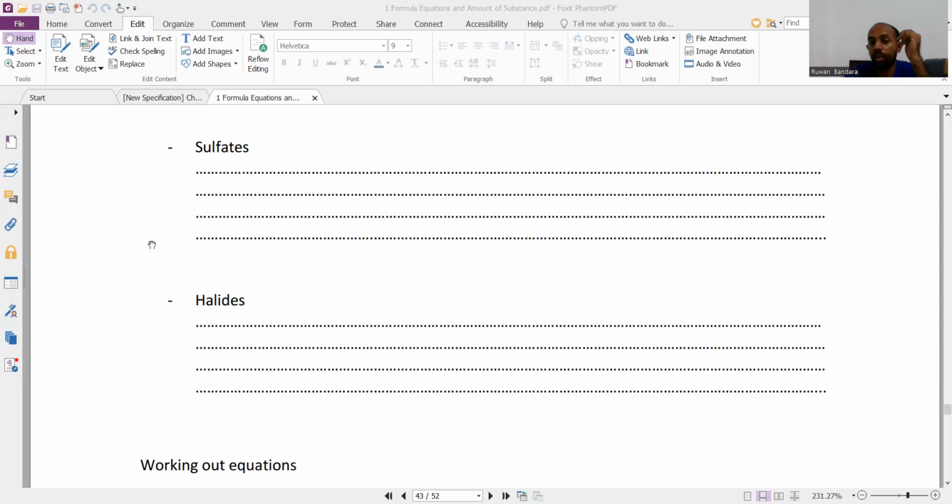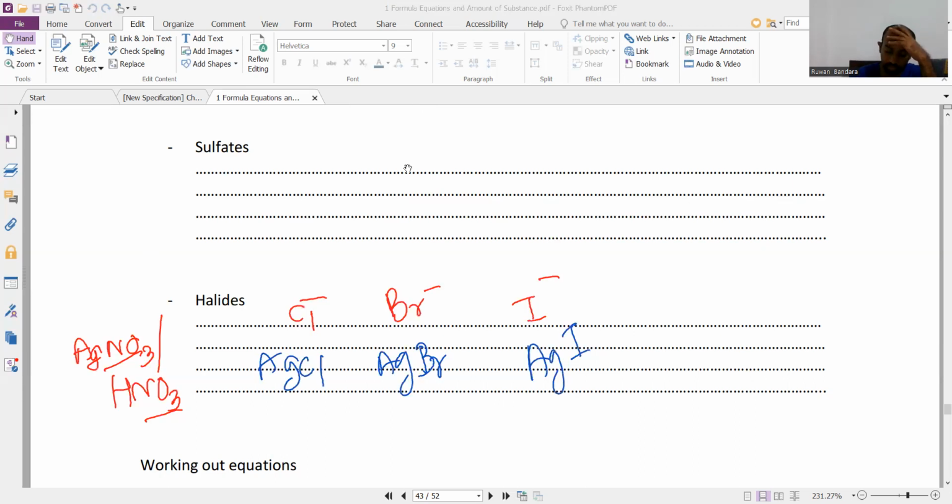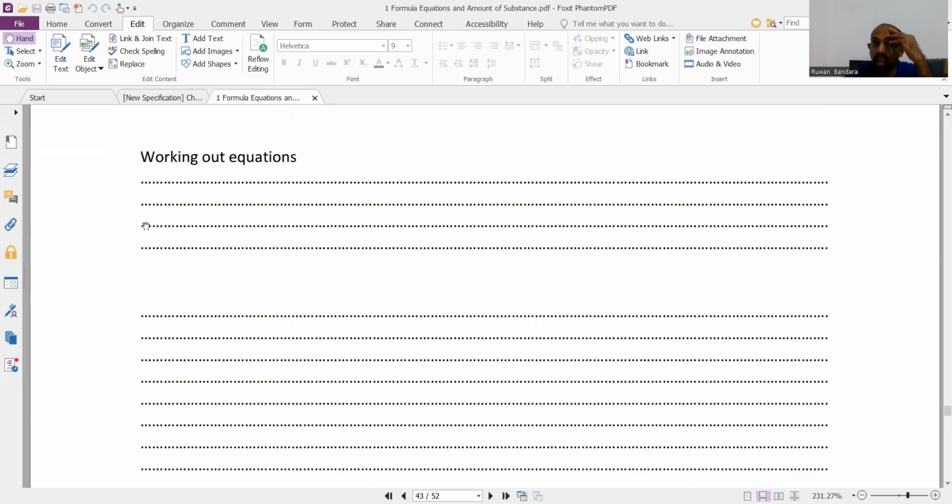So the use of precipitation. Right, now, as I told you, the second use of precipitate reactions is working out equations.